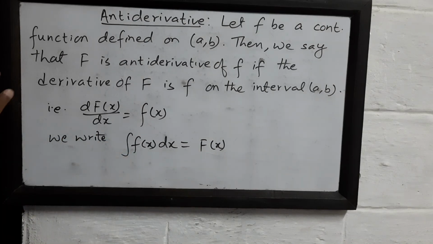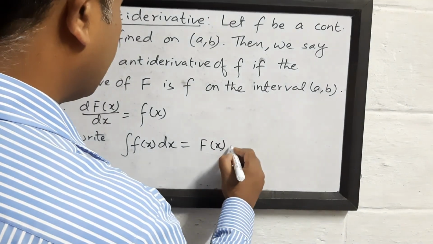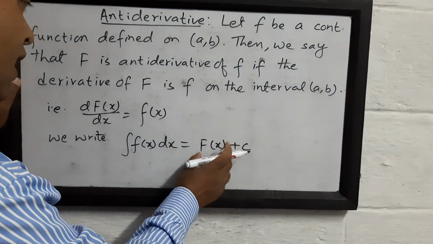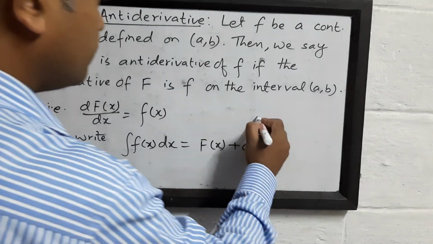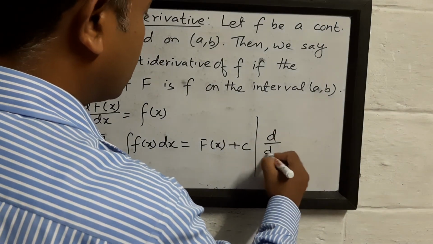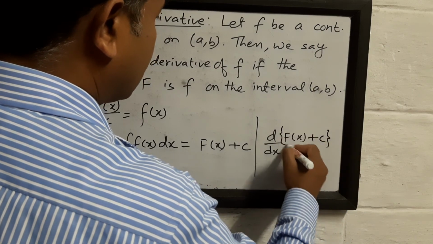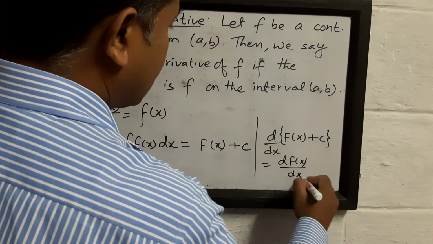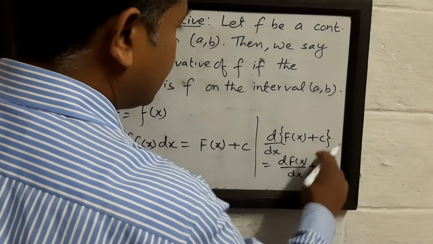We can also write F(x) plus constant, because the derivative of a constant is 0. So this is d F(x) over dx plus dc over dx, and it is 0.